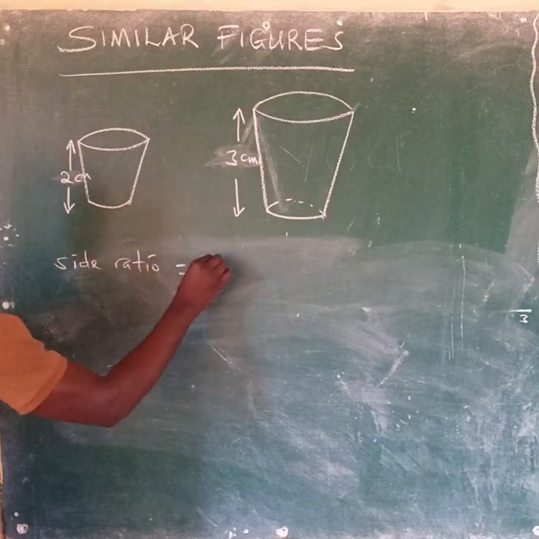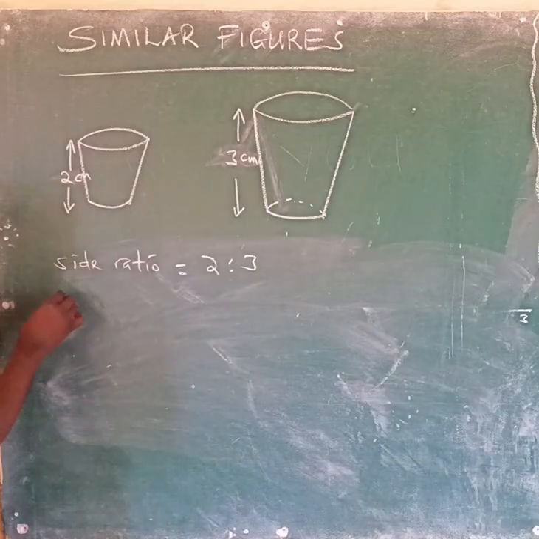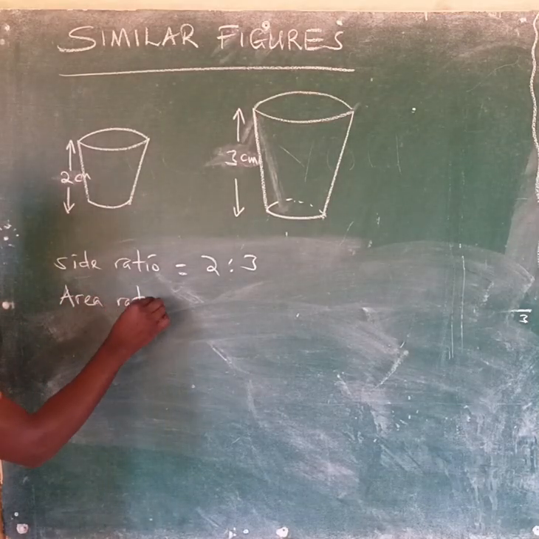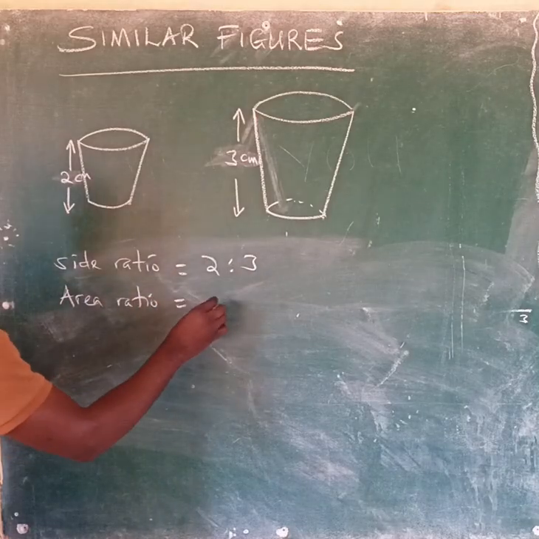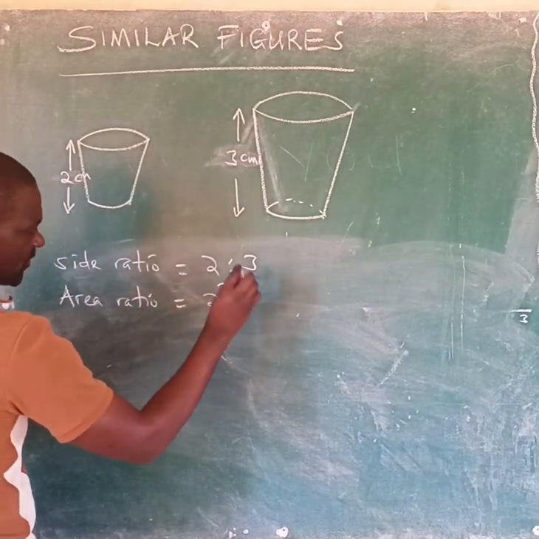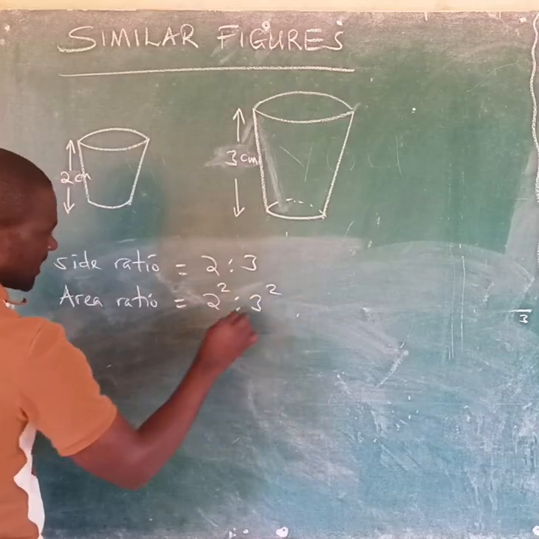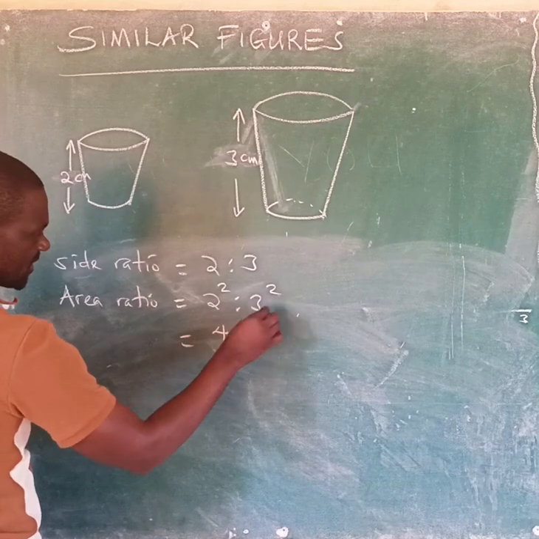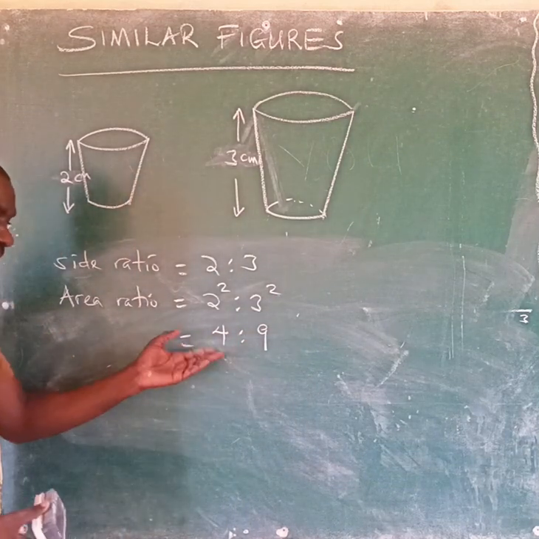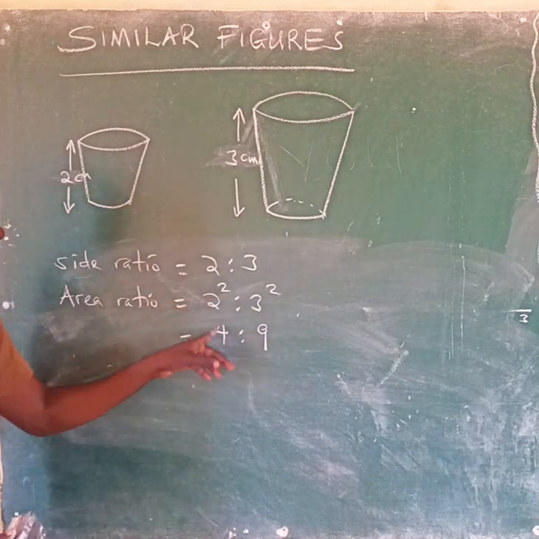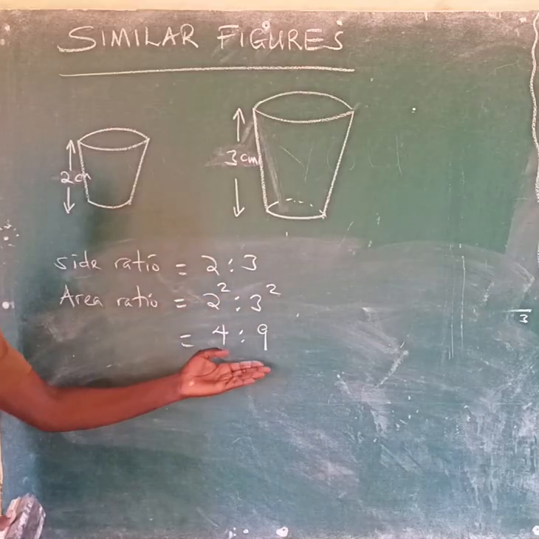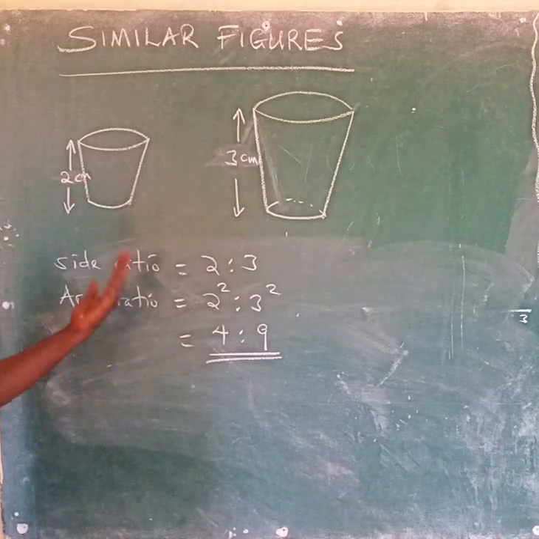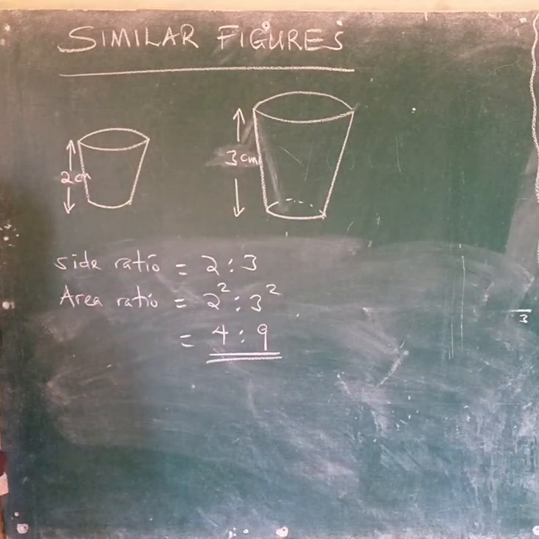Side ratio, that's 2 to 3. So the area ratio will simply be squaring this one. So we'll say 2 squared to 3 squared, and 2 squared is 4, and this other one is 9. So that's the meaning where we had A squared, B squared. In case A is 2 and the like, it can come out like this. Then we can use it to find the area given one area.